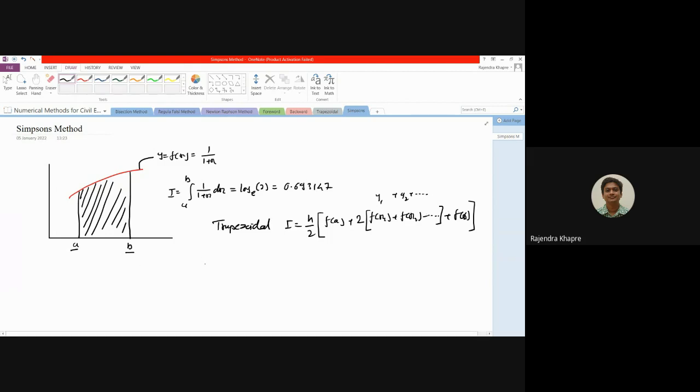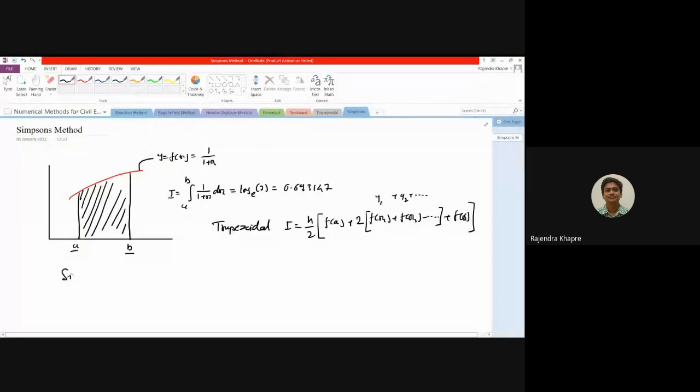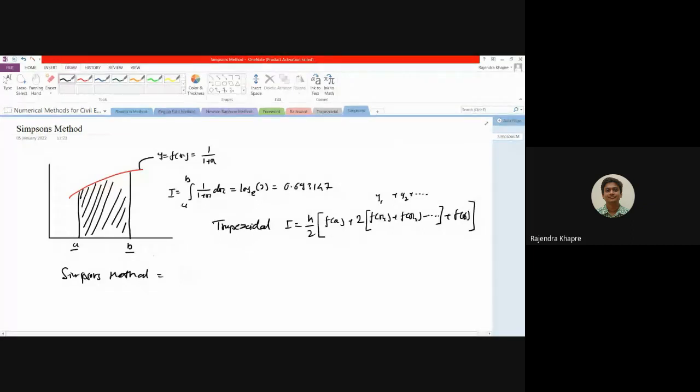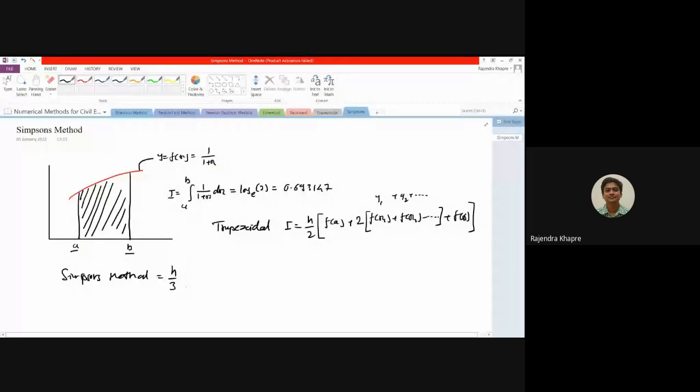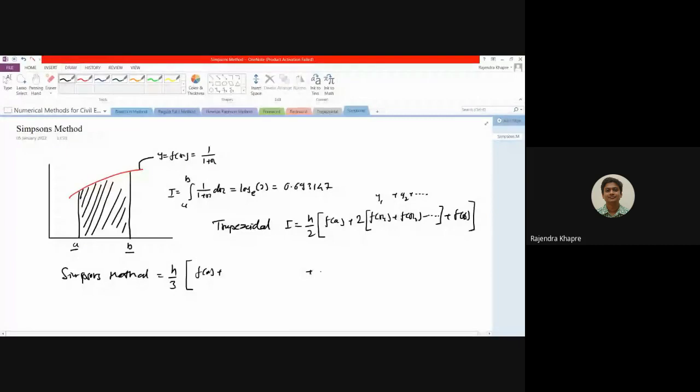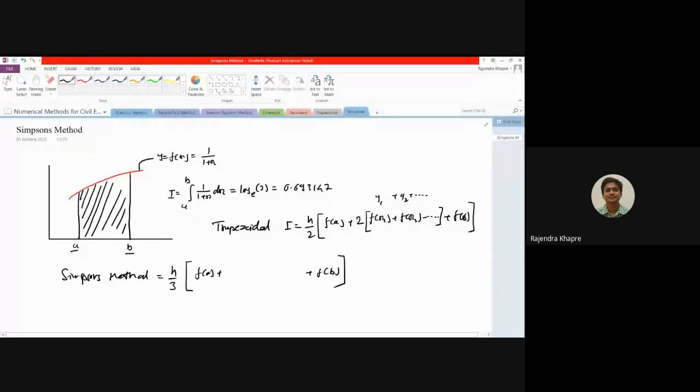So I'm going to write down the equation for the Simpson's method. It is something like h divided by 3 into f of a plus f of b, which is exactly similar to the trapezoidal method, but in between you have 4 times T1 plus 2 times T2.